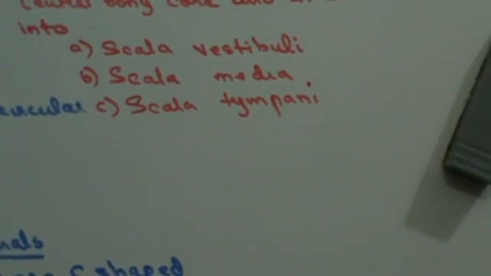So the bony core is divided into these three parts, and you have the coils made around these three parts, right?